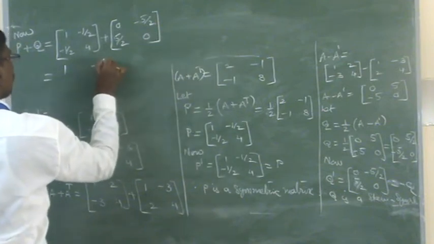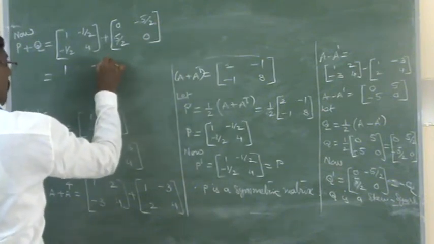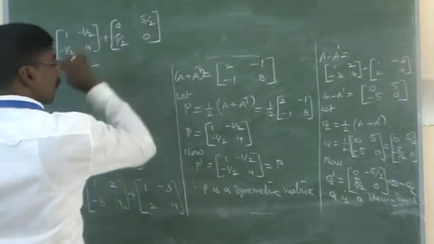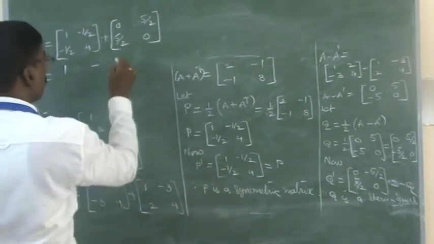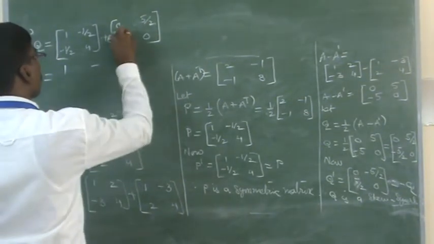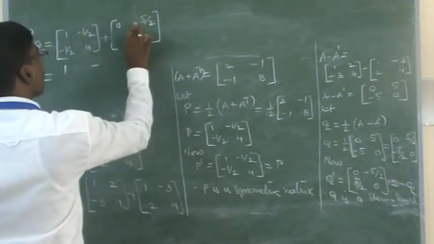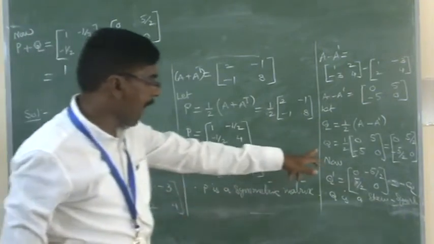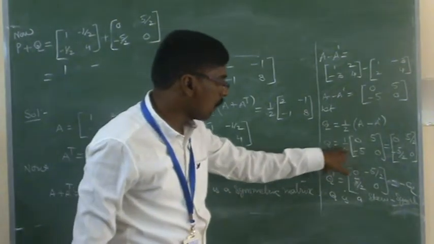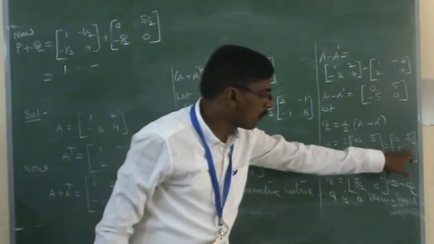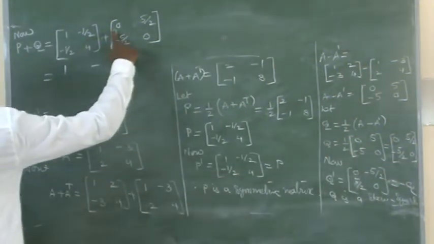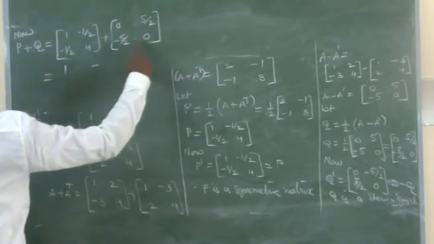This is matrix Q: this is plus 5 by 2, this is minus 5 by 2. Matrix P, matrix Q: 0, 5 by 2, minus 5 by 2, 0.